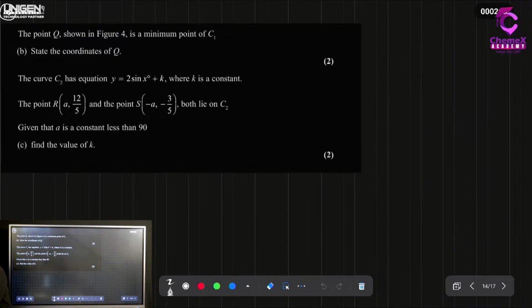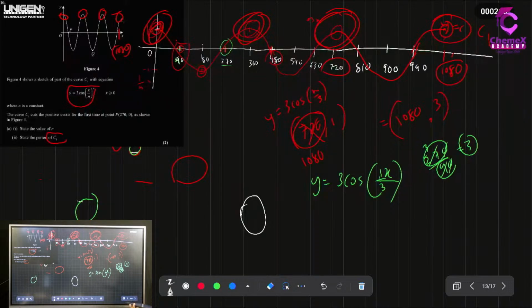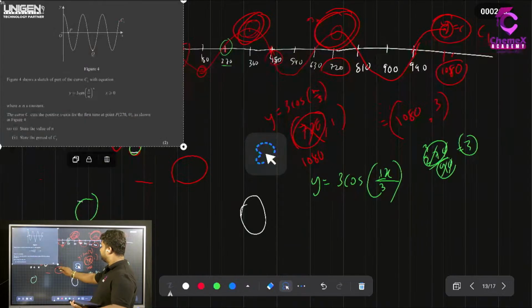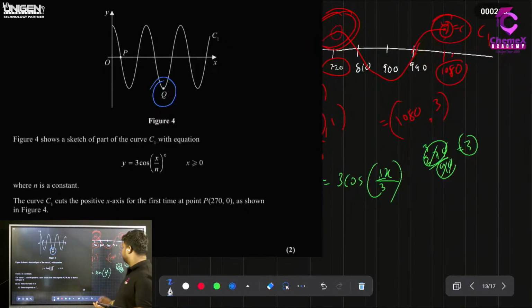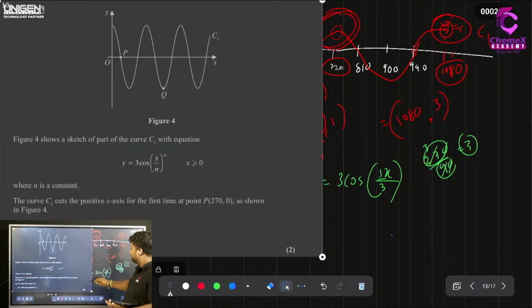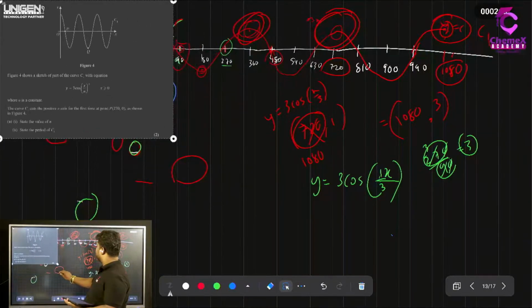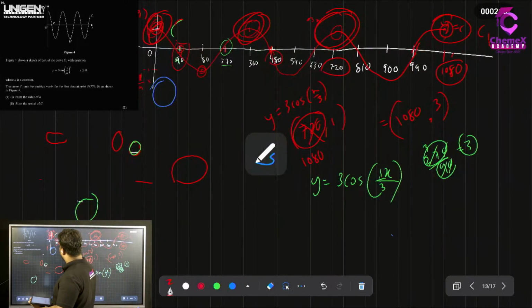So they say figure 4 is a minimum, C1, coordinate Q1. So this one is a minimum. They are asking for its coordinate. To find the coordinate, who is easier? Let's bring this graph to mind again. This is 90, and this one is 180.